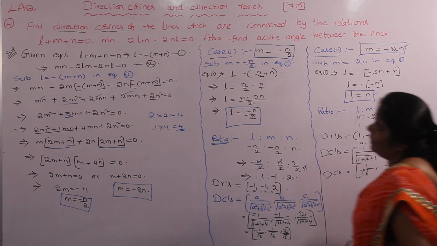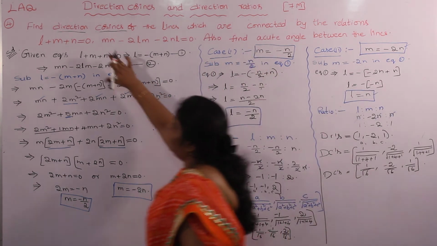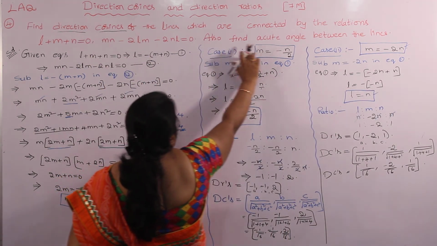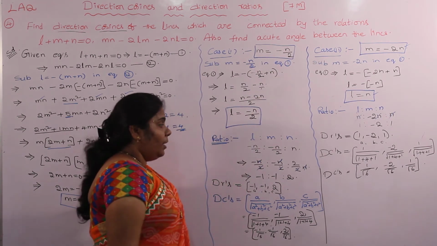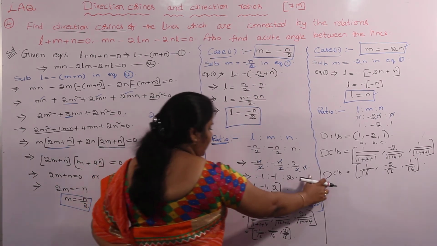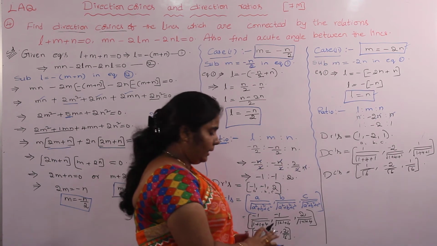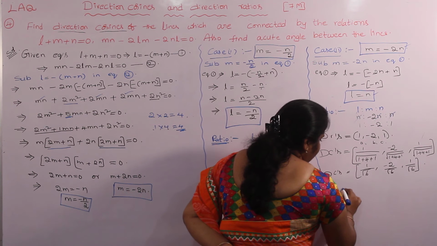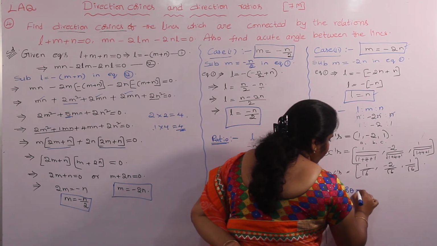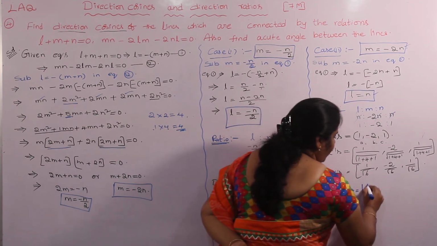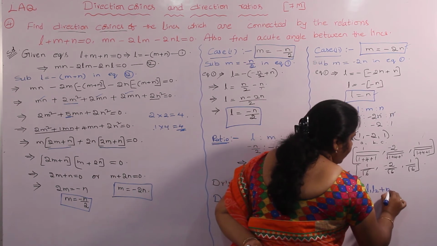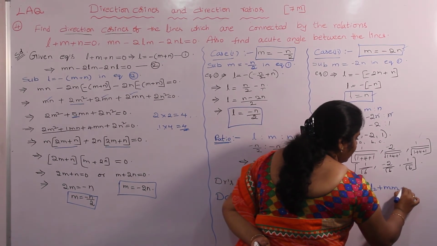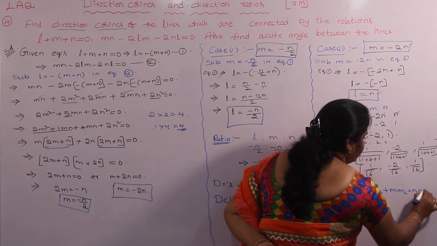In this problem they are asking the angle also. Find the direction cosines. Also find the acute angle between them. When direction cosines are given and theta is the angle between the two lines, cos theta is equal to the modulus of L1 L2 plus M1 M2 plus N1 N2.